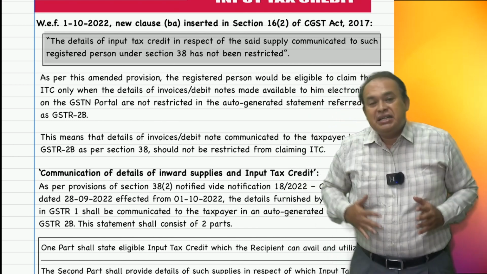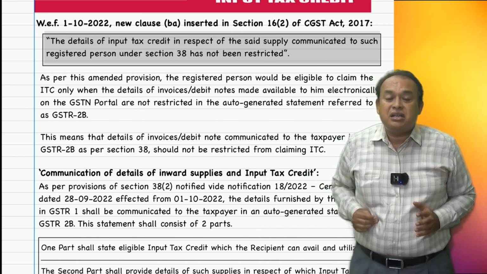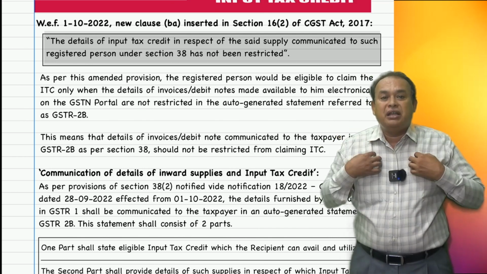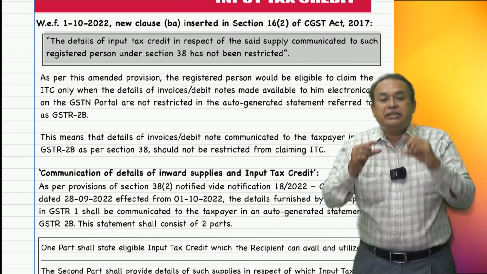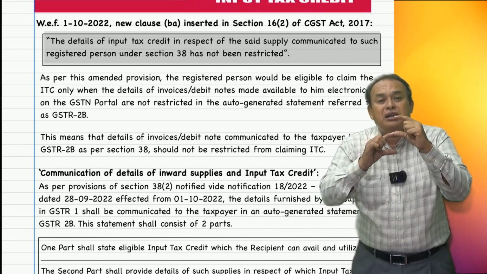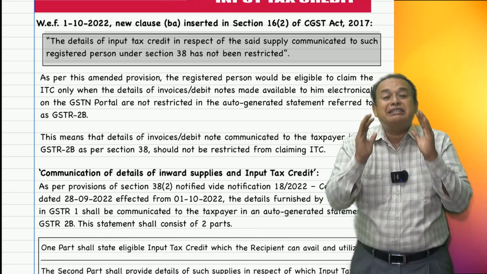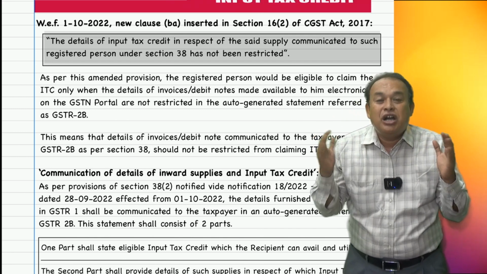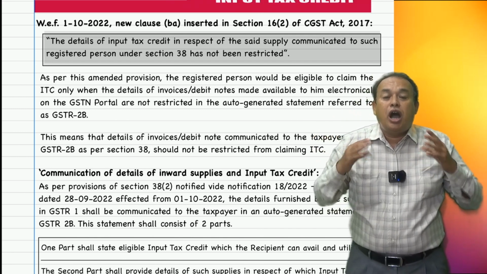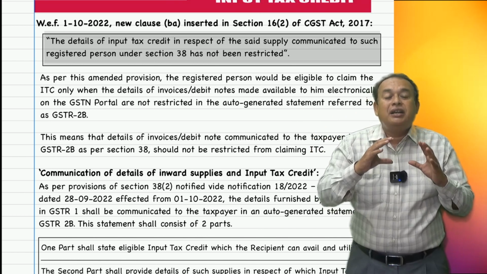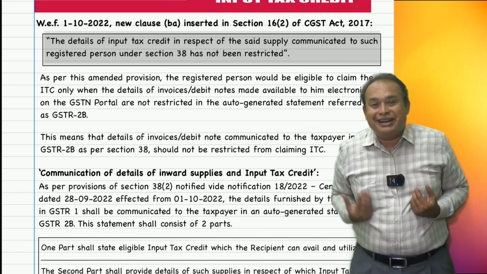Under this, section 38 says that only allowable credit can be availed, meaning there is part 1 and part 2, wherein the GSTR 2B return of the buyer is auto-populated as the buyer's credit.